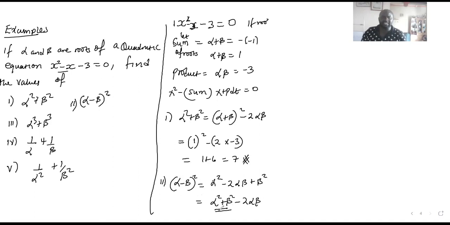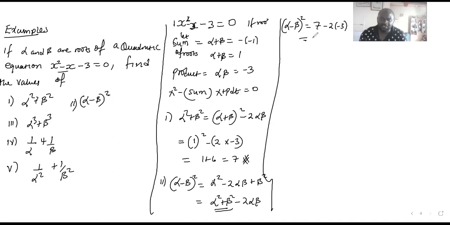But we have already found this as 7. So it is comfortable to say alpha minus beta squared is equal to 7 minus 2 times negative 3. This will give me 7 plus 6. The answer is 13.